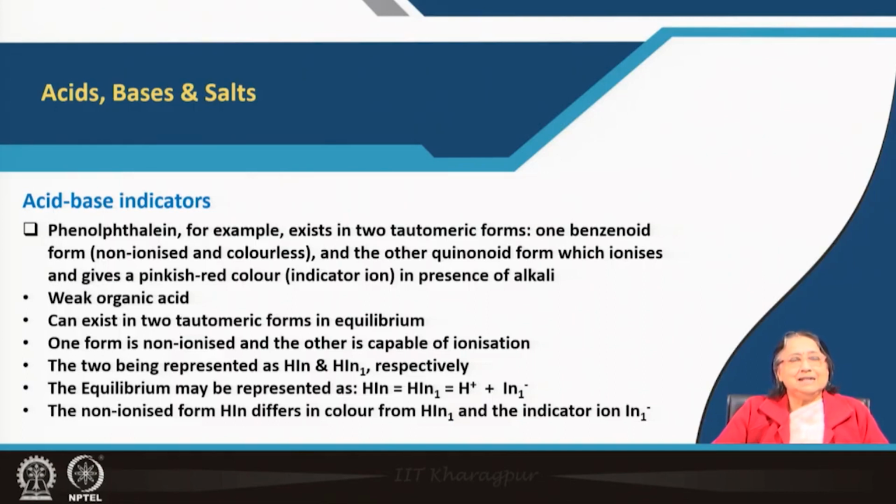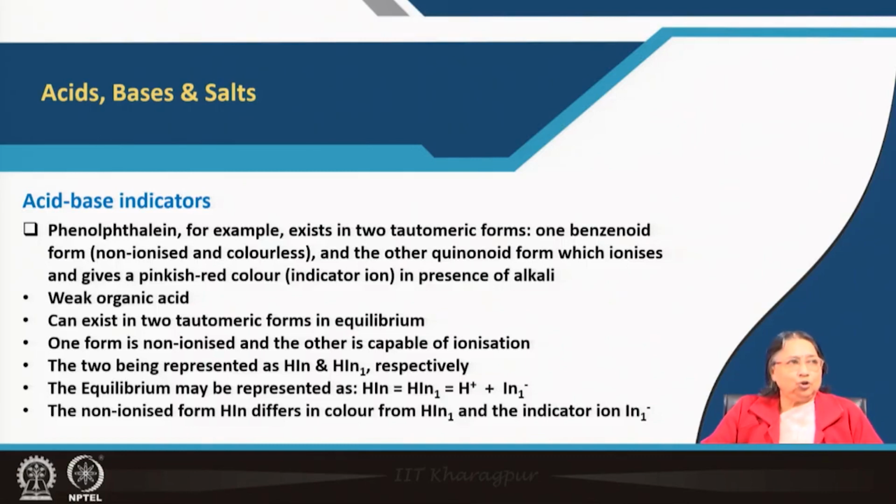Now, tautomers means a special type of isomer, but indicators are weak organic acids. We have already seen that organic acids, acetic acid, formic acid, are weak. We also know that the carboxylic acid group, that is the organic acid, is a weak acid.